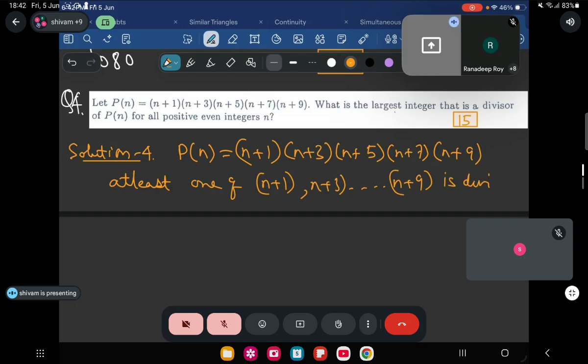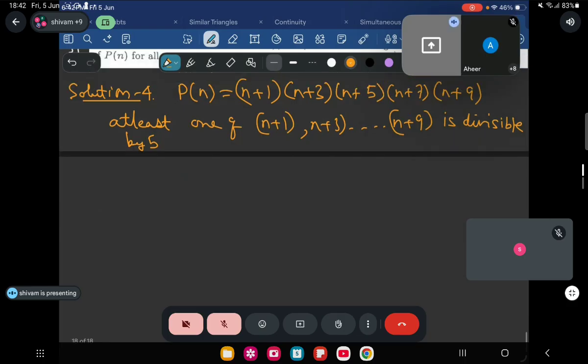Yes or no? Tell me. Yes, sir. 15 is a common divisor. And at least one of them will be divisible by 3 as well. Right. So can I say that Pn is definitely divisible by 15? Hence the answer is 15.